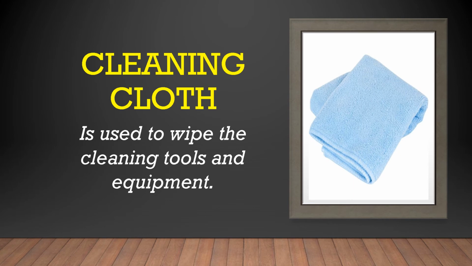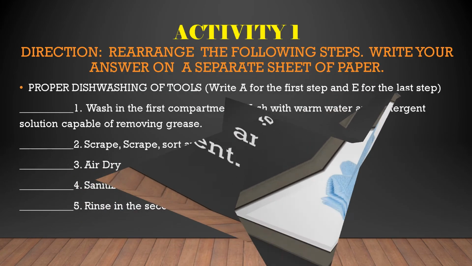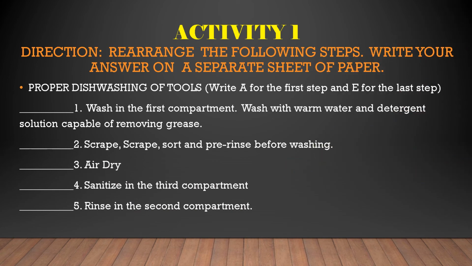Okay, so this is your activity 1 in your self-learning material. So first, in your self-learning material, you have to answer the pre-test and the assessment. Of course, you have also the activity 1.